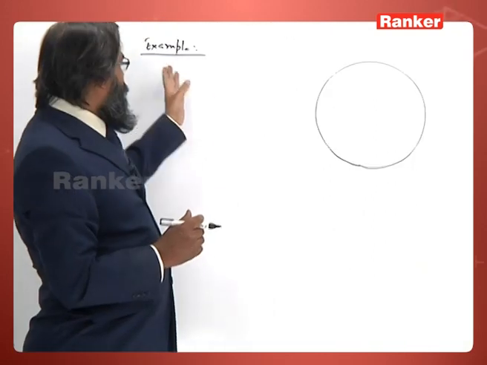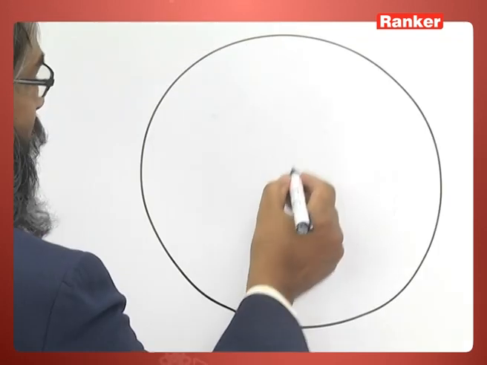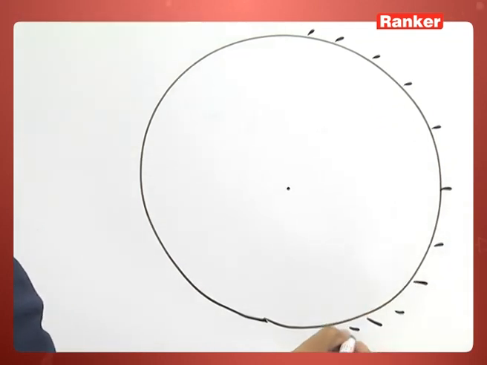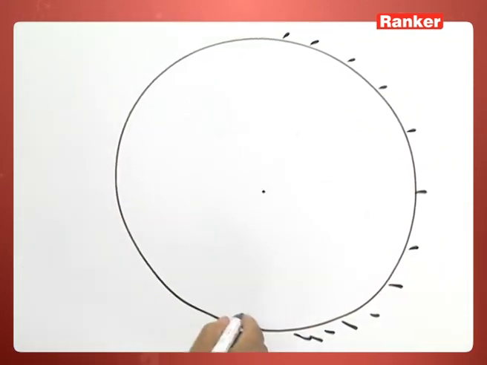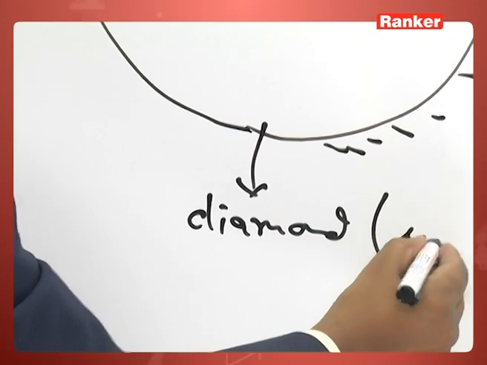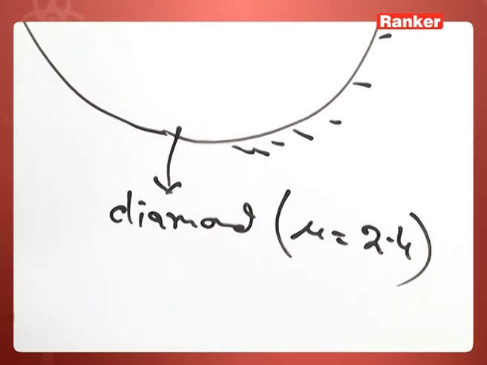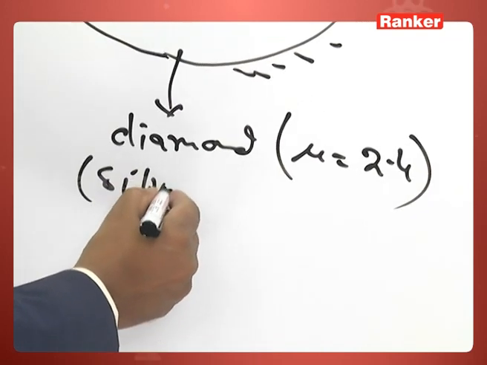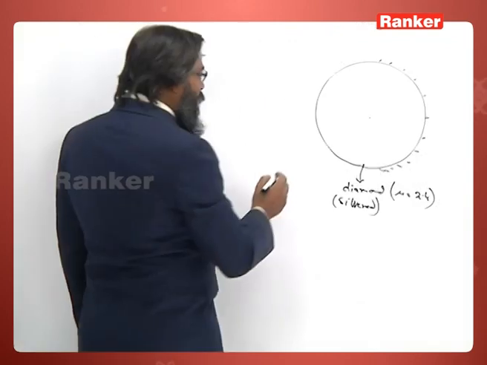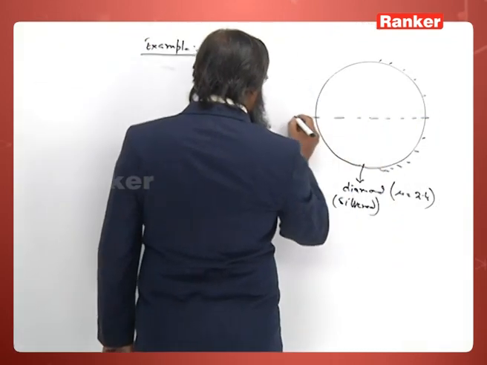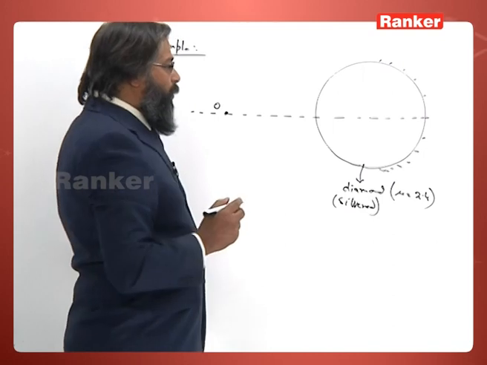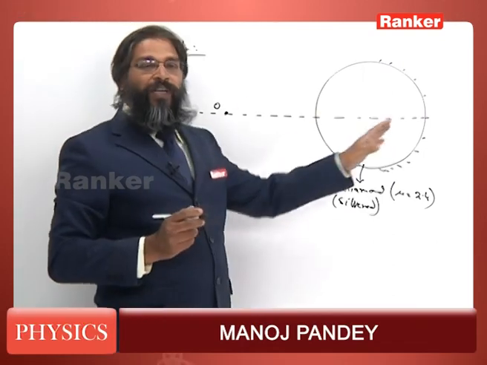This is my spherical diamond, half of which is silvered, with a refractive index mu equal to 2.4, suppose. That means half of this is silvered, so this is the reflecting side. Now we have a point object somewhere, and we have to place the point object so that its image coincides with itself.